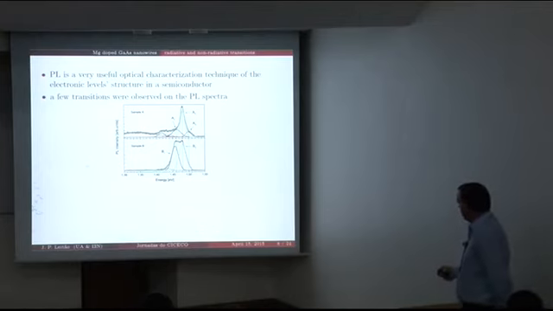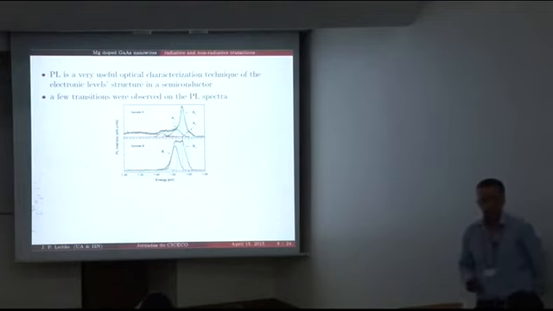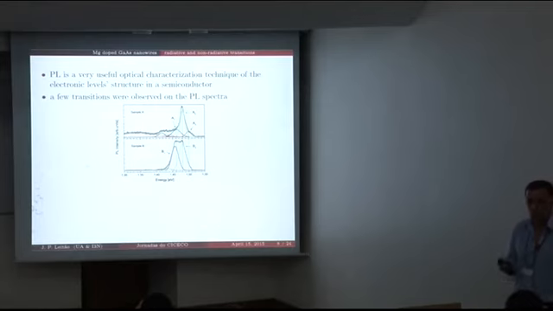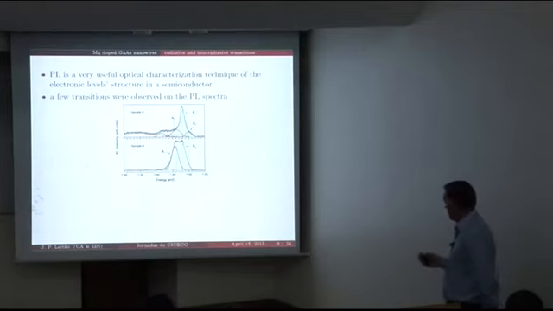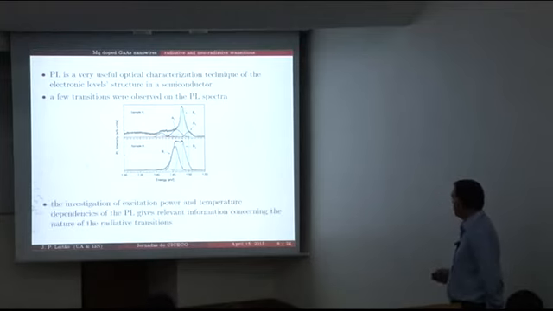We observed mainly positions between 1.4 and 1.52 electron volts, and we performed the fit with Gaussian components in order to try to describe the position of each transition and the relative intensity for each component.